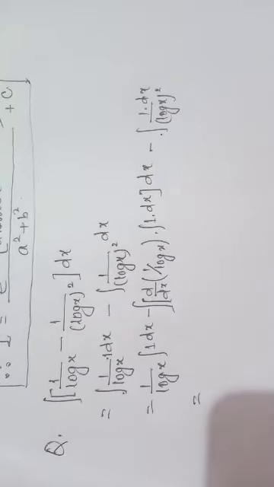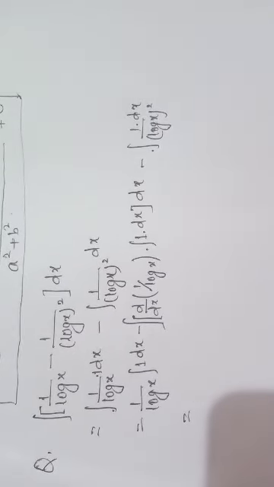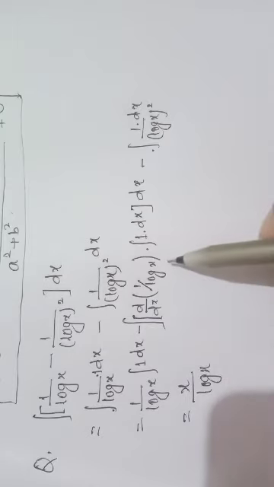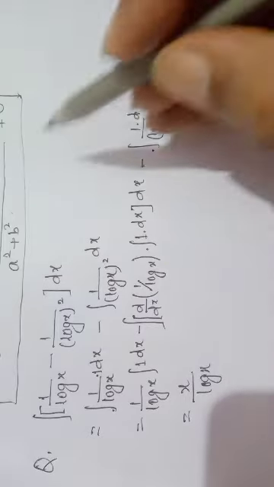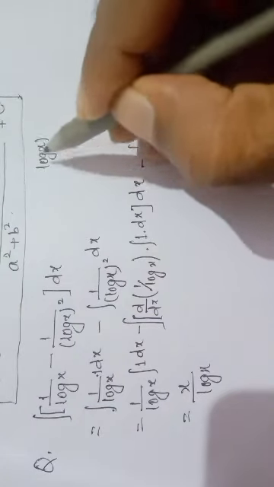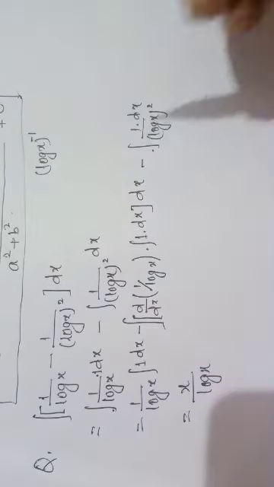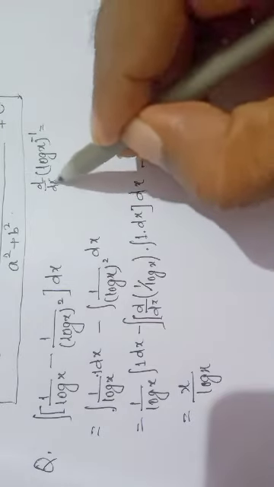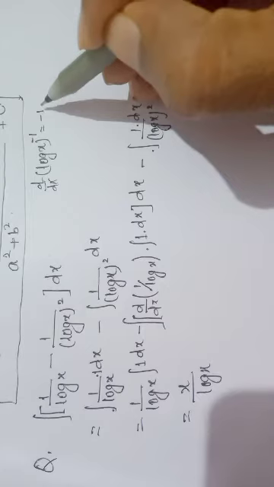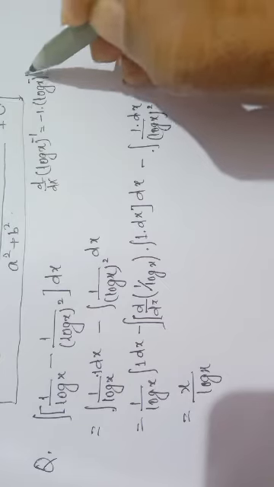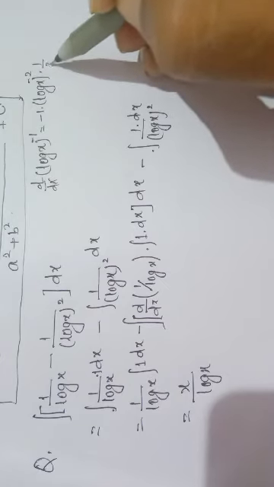Integration of 1 is x, right? So it should be x upon log x. And now differentiate 1 upon log x. See here, 1 upon log x should be written as log x to the power minus 1, and for its differentiation, first differentiate the power, that is minus 1 into log x to the power minus 2, and the differentiation of log x is 1 by x.